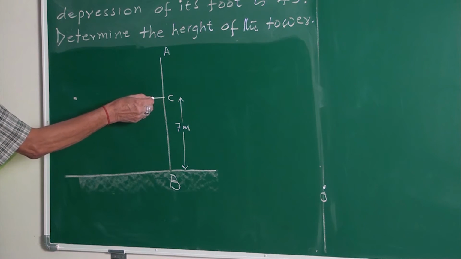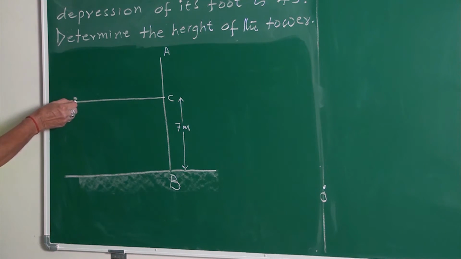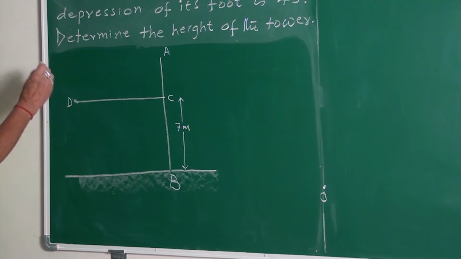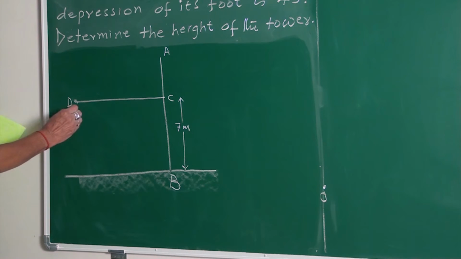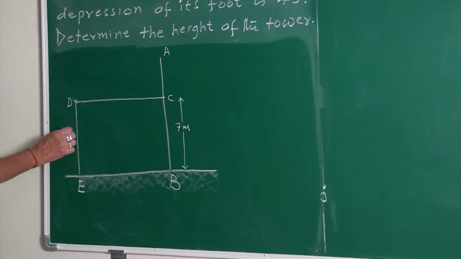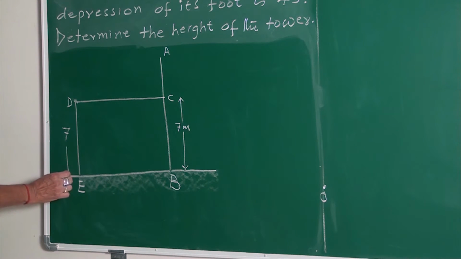If you draw the parallel here, this is point D. Your observer is here. See, this is DE. This is 7 and then it is also 7, my friends.